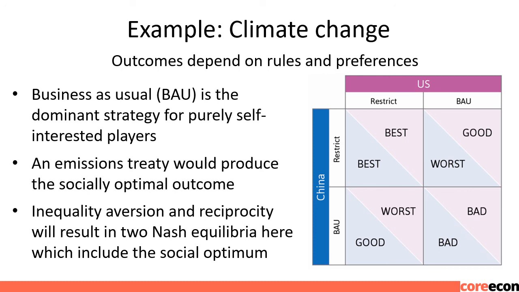If the BAU-BAU equilibrium is chosen, then society could be stuck there. No one would choose to restrict because if the other country continued to do business as usual, the country that chose to restrict would end up with the worst outcome. An emissions treaty would produce the socially optimal outcome, restrict-restrict.